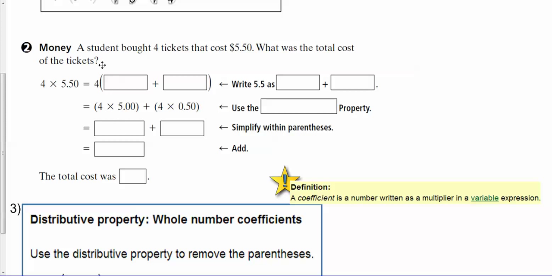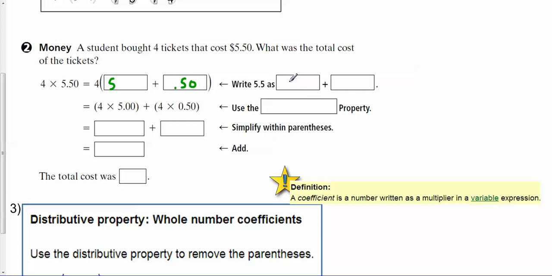Okay? So here's our new problem. A student bought 4 tickets that cost $5.50. What is the total cost of the tickets? Let's use the distributive property to solve. So I'm going to go $5 here. So 4 times 5, and then 4 times 50 cents.